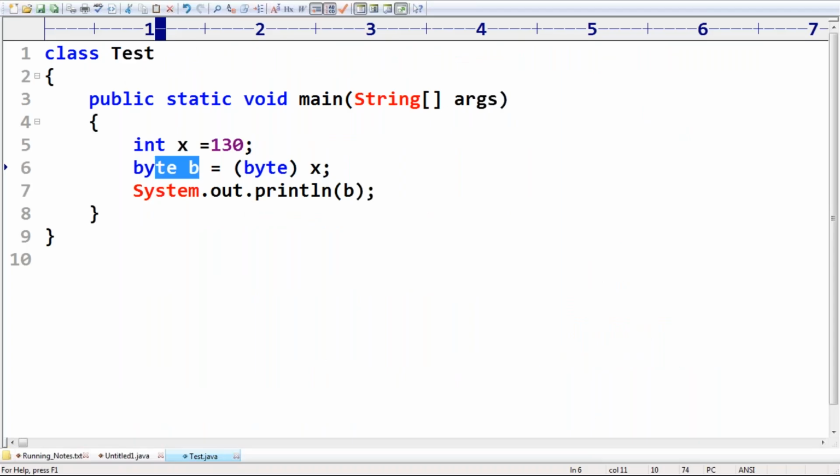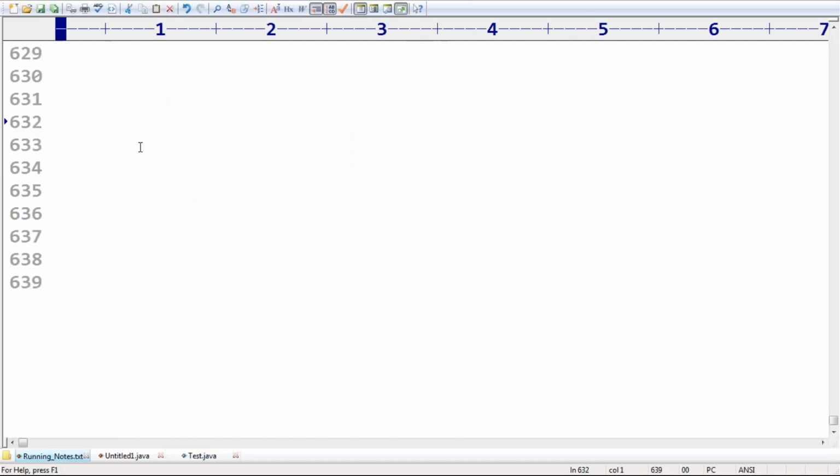Now can you please confirm, who is responsible to perform explicit typecasting? The programmer is responsible.